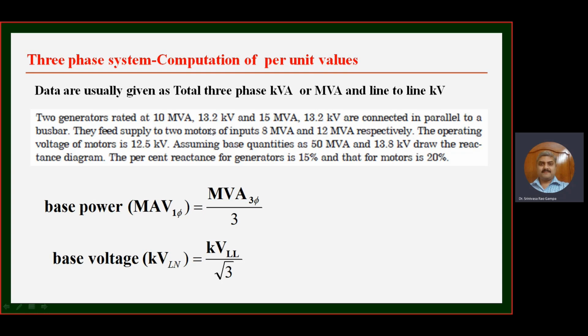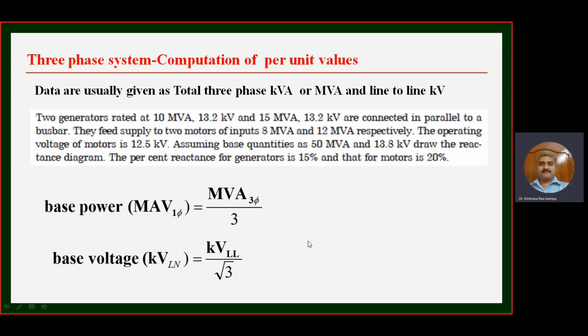The formulas we derived so far are for a single phase system. Every time we need not convert the three-phase values into single-phase values. So we need to derive the formulas in terms of three-phase values for directly calculating the per unit impedance of the equipment. So base power MVA single phase is equal to MVA three-phase by 3, and base voltage kVLN is equal to kVLL by root 3.